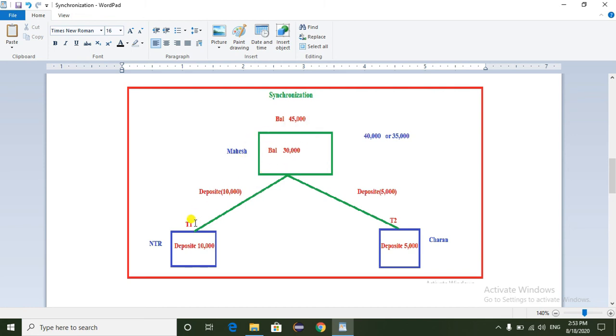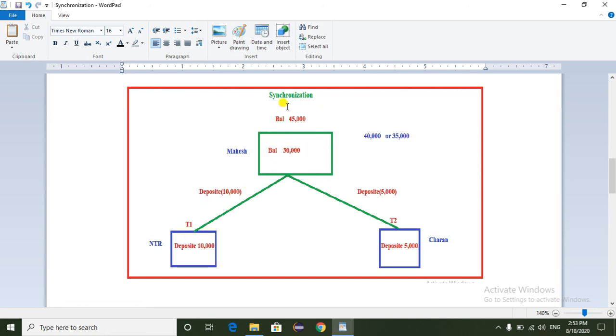That means T1 deposits 10,000 into the Mahesh account. Once T1 has deposited the money, the lock is released and it allows T2 to deposit 5,000 into the Mahesh account. So thread T2 also deposits 5,000 into the account.